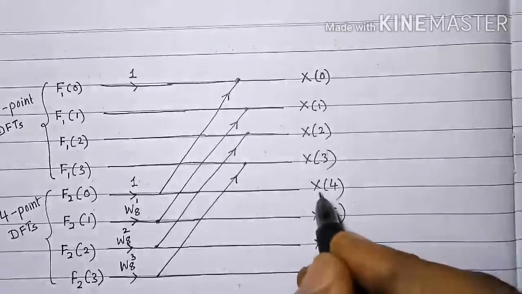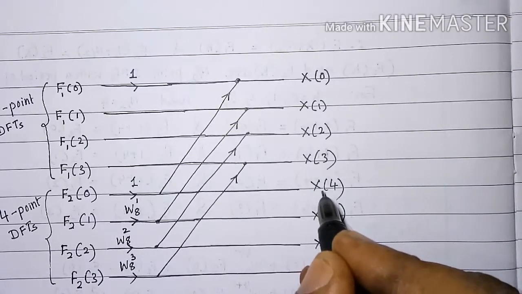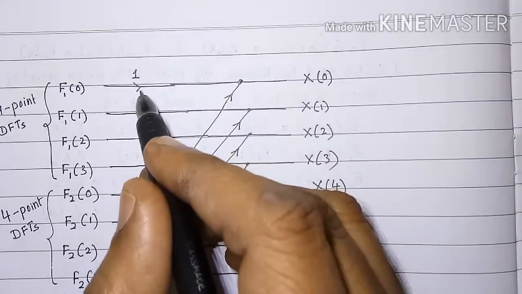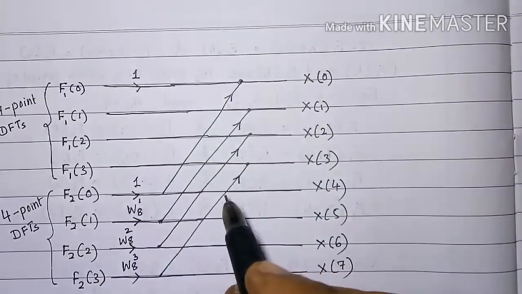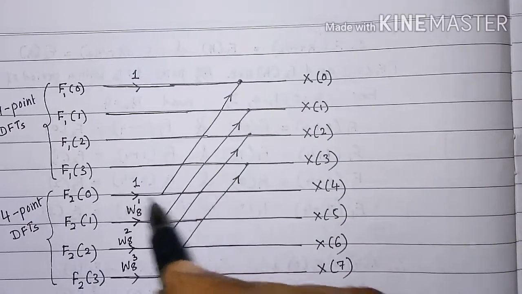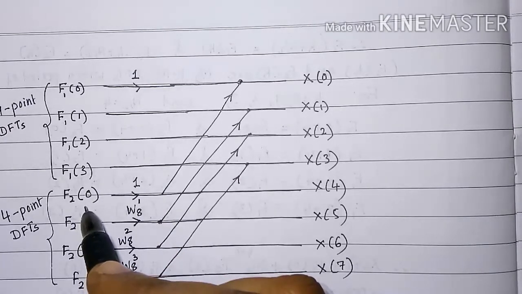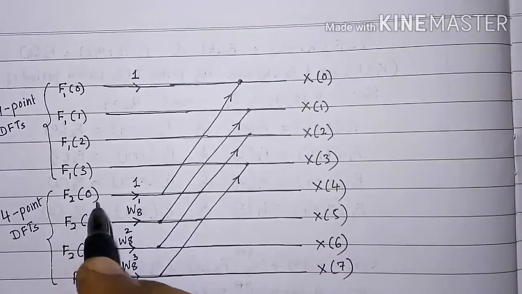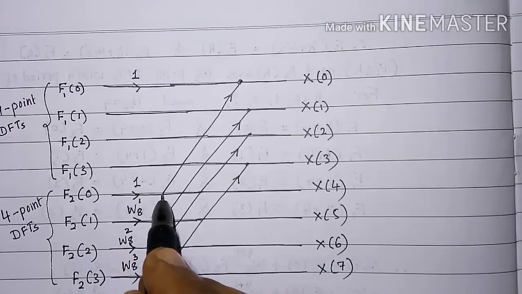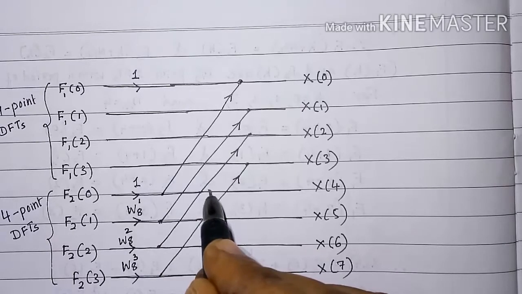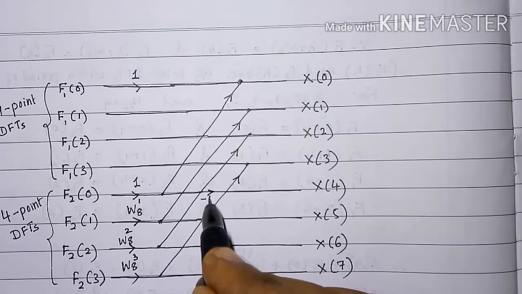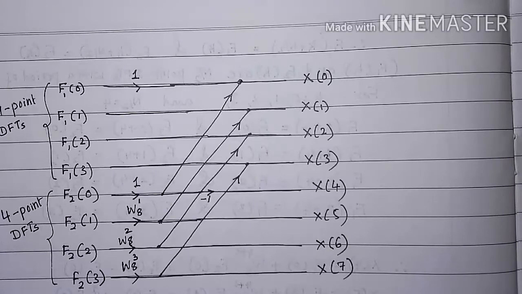Next we have to calculate x of 4. X of 4 is f1 of 0 minus w8 raised to 0 into f2 of 0. f2 of 0 into w8 raised to 0 we get at this point, but we need minus f2 of 0 into w8 raised to 0.